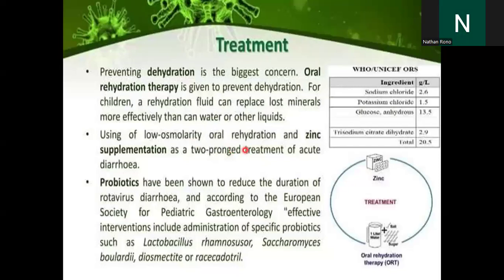And one other thing zinc does is prevention of future episodes. So it also prevents future episodes of acute diarrhea. That's why it's usually given with oral rehydration therapy.